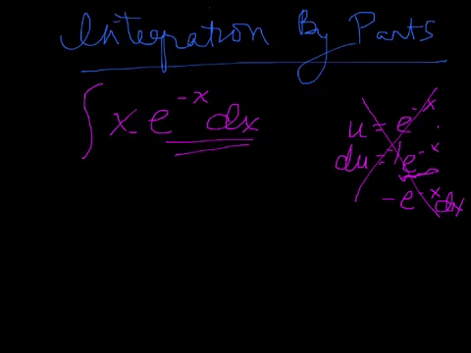If you break this expression into two pieces, and you call one of them u and one of them the derivative of v, so notice I have two different variables here, a u and a v, then that is equal to u times the original function v minus the integral of the original function v du.